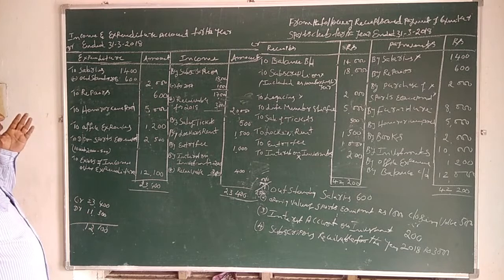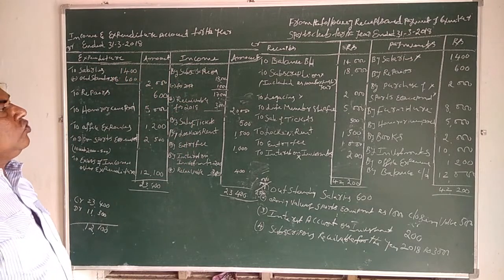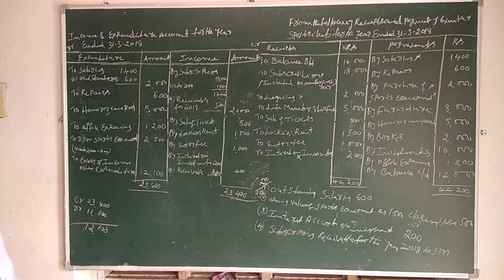This is the income and expenditure account of the non-profit organization Guntur Sports Club for the year ended 31st March 2018.